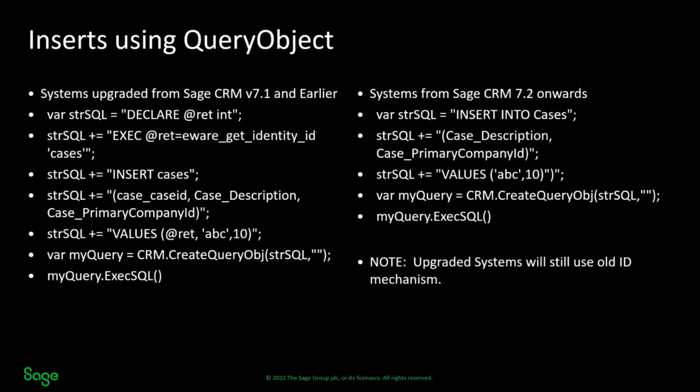But if you're working with 7.2 onwards, and this is systems that were new from 7.2 onwards, you don't have to think about the use of the stored procedures. But it is important to understand that upgraded systems will still use that old ID mechanism. So just be conscious of that.